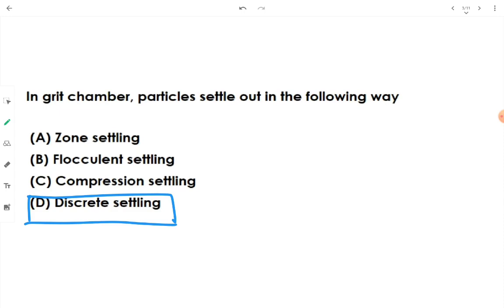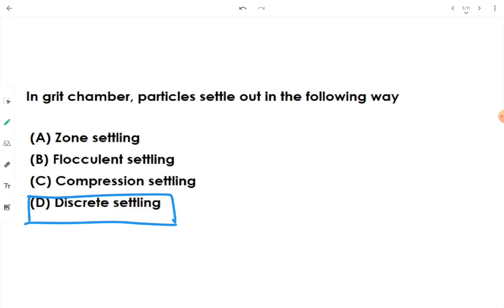Then we have the second type, flocculant settling. Particles come together, they form a large mass and then they settle. They form a flock, that's why the name flocculant settling. Then zone settling: interparticle forces hold the particles together and then they settle as a mass.